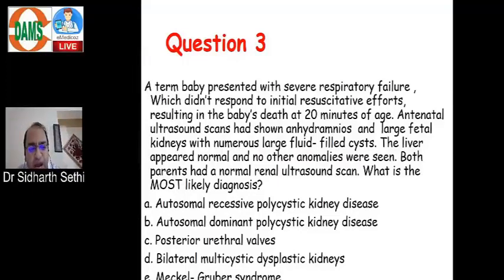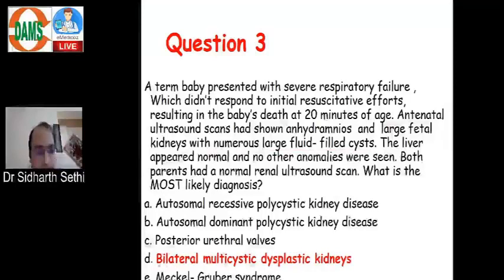Now remember, most commonly the cause we are looking at here, you have large cysts in both the kidneys. So this looks like a bilateral multicystic dysplastic kidney.